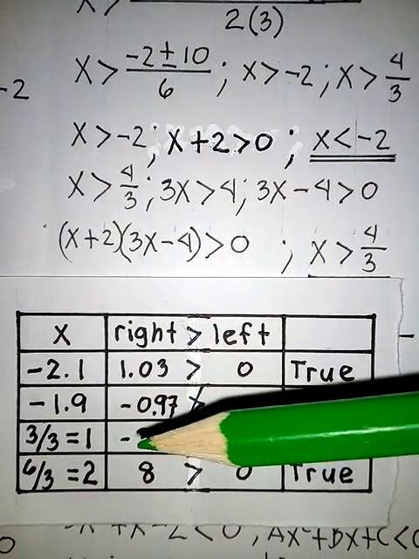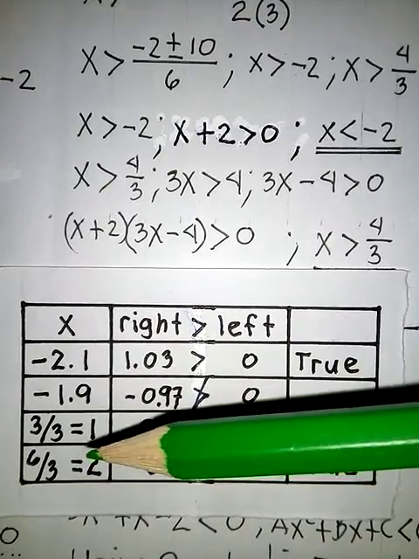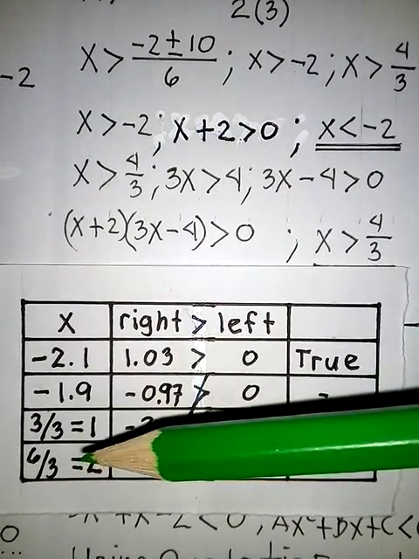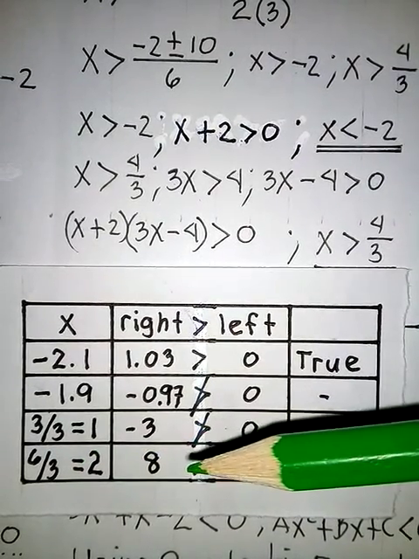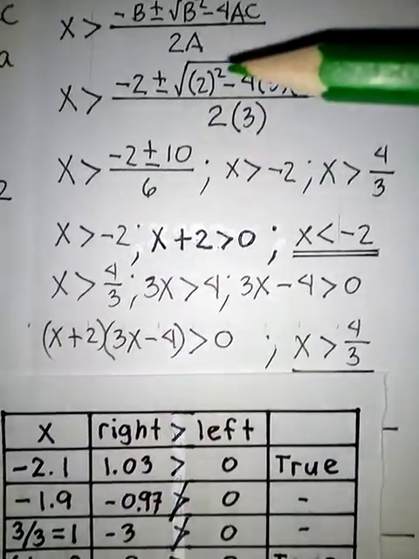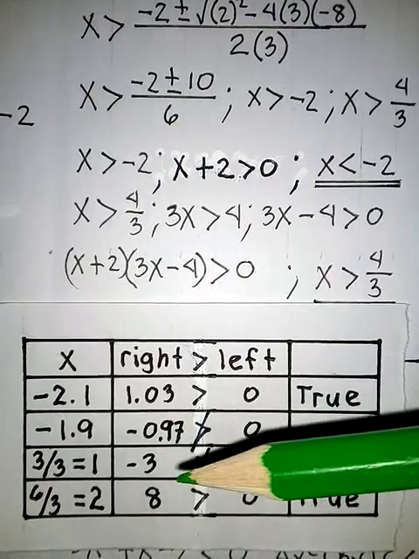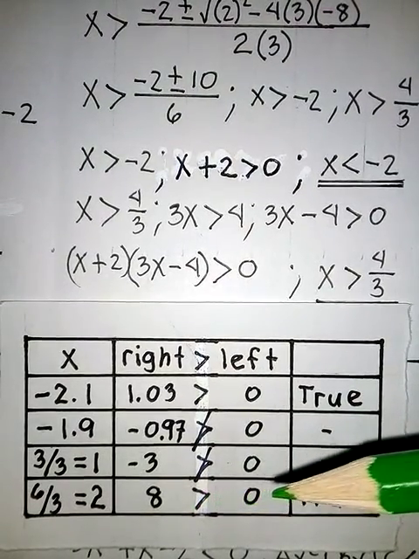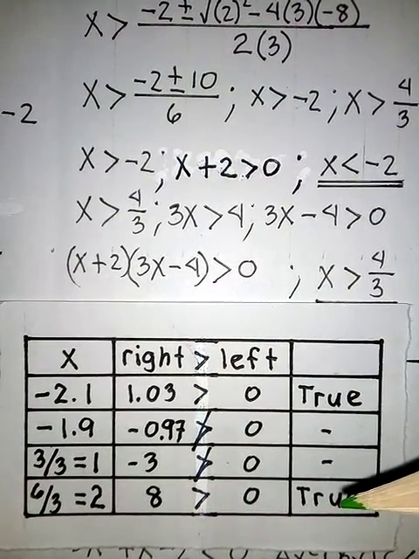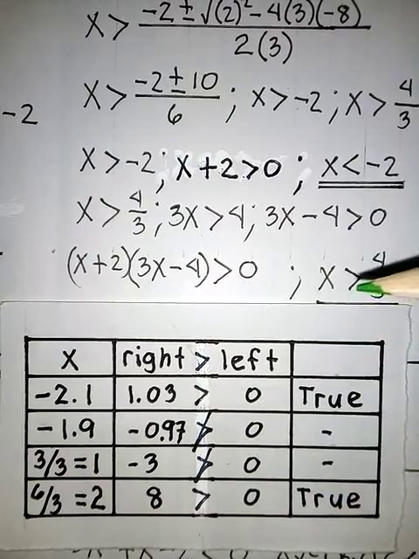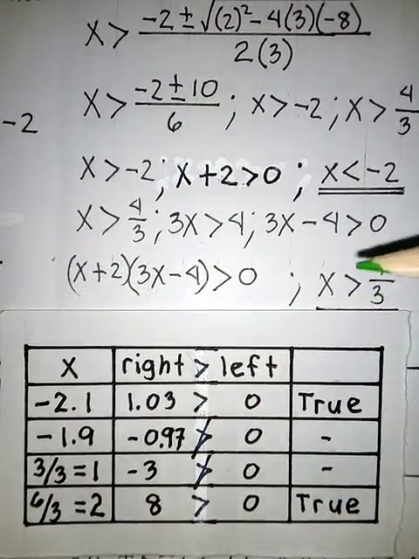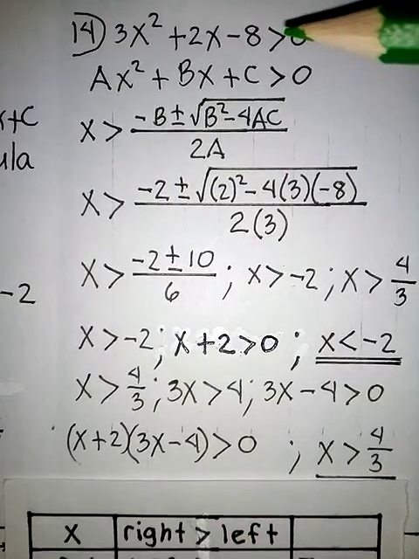But if we substitute a value greater than 4/3, let us try 6/3 or 2, and substitute this into the given equation, we will get the value 8. So 8 is greater than 0 is true. Therefore, all values greater than 4/3 will satisfy this equation.